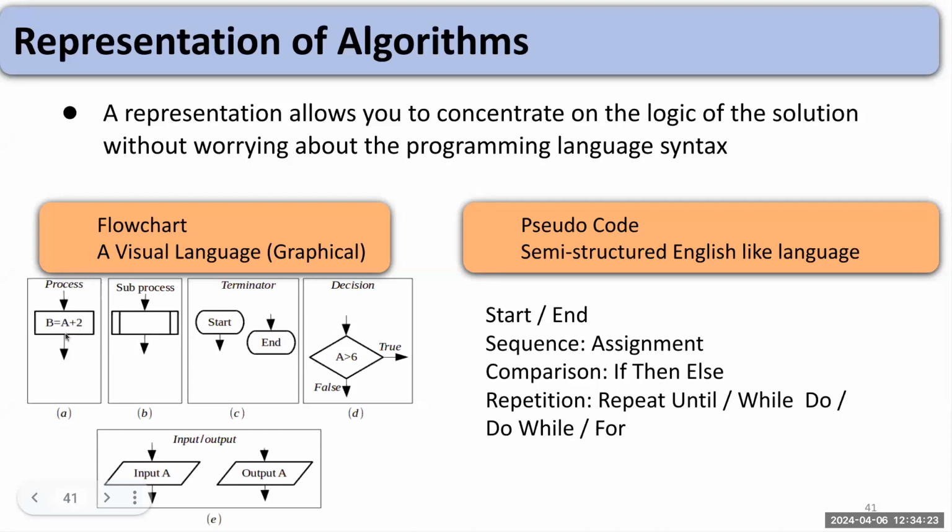Every symbol other than the start and end should have an input arrow and an output arrow. For start, the arrow should be from the start, and for end, the arrow should be before the end. This is a decision.